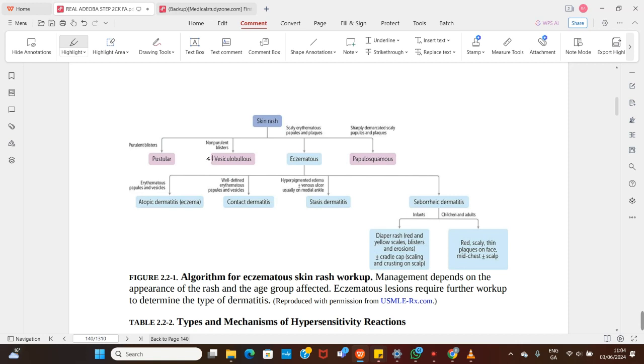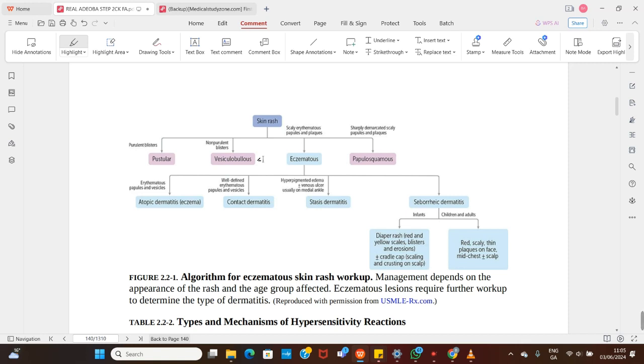Sometimes you can have vesicles and bullous lesions collecting together. So vesiculobullous disorders happen in some of those bullous diseases, like dermatitis herpetiformis, and sometimes in severe forms of atopic dermatitis you can have vesiculobullous lesions too.